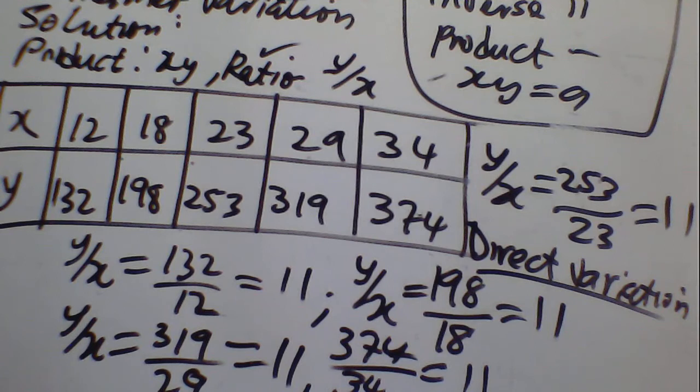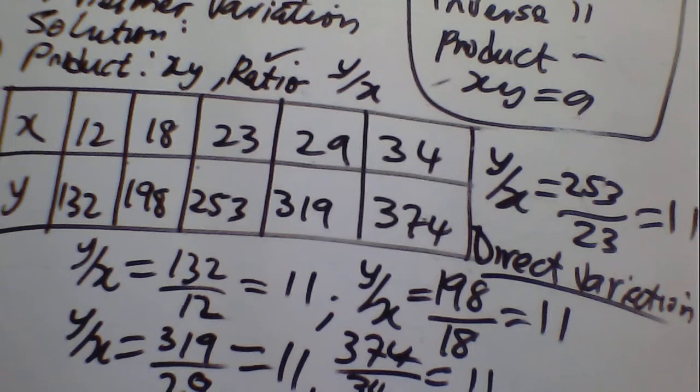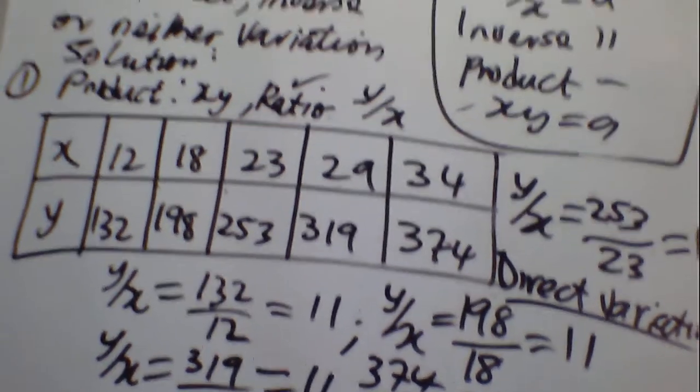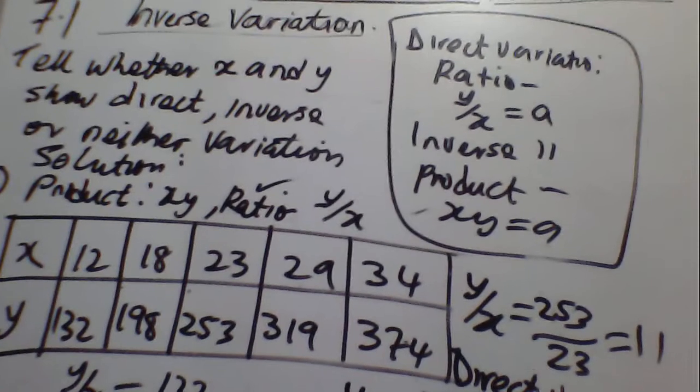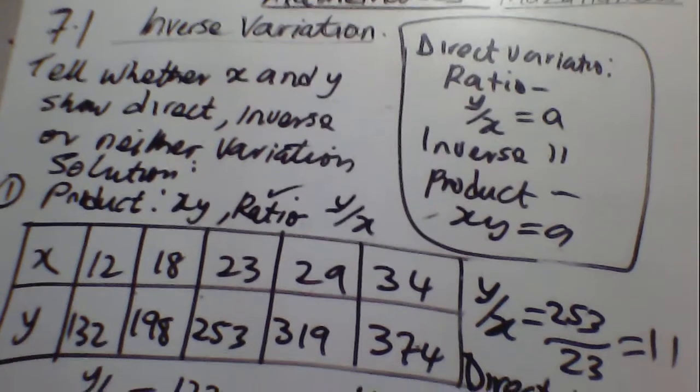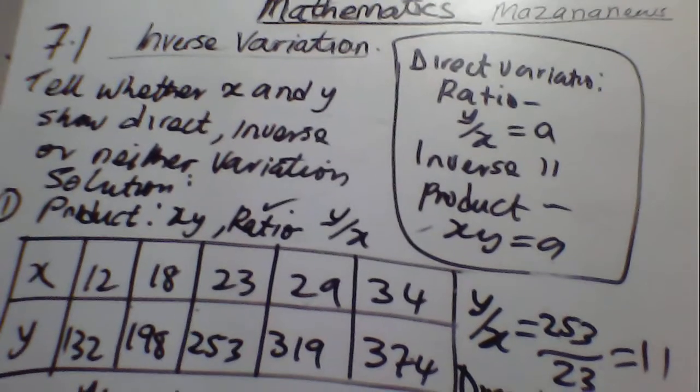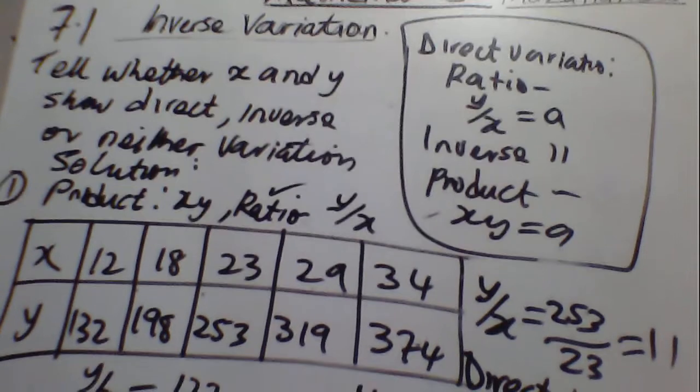So in this case, it is a direct variation. So let's continue. Let's do another example for clarification.